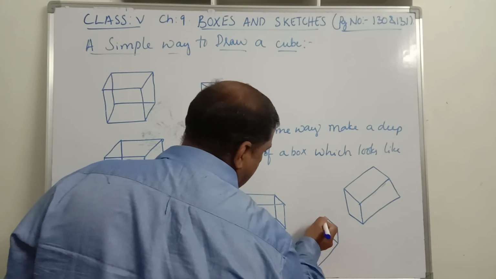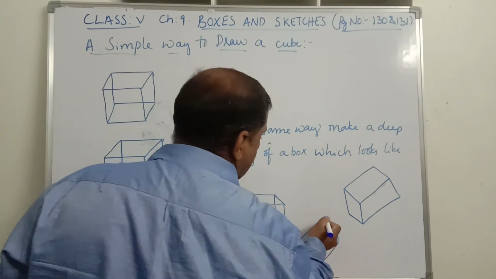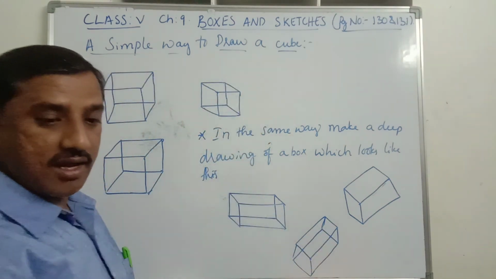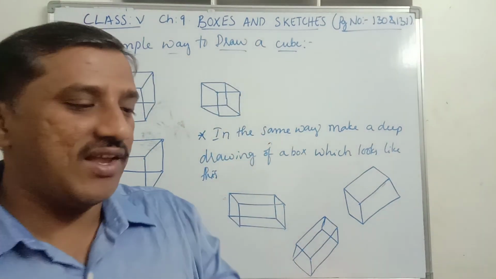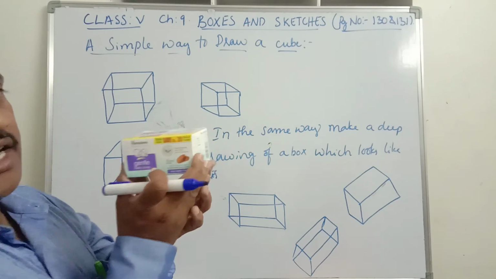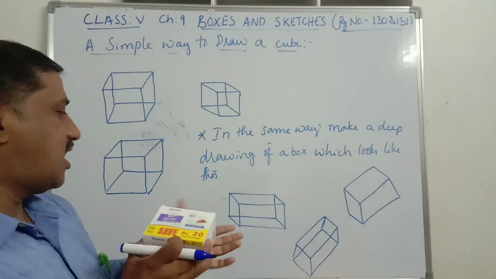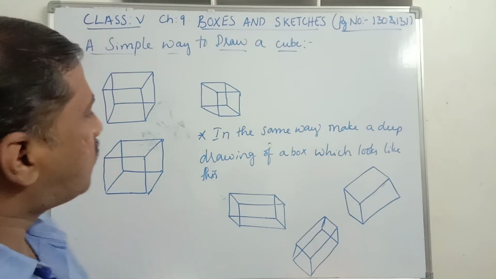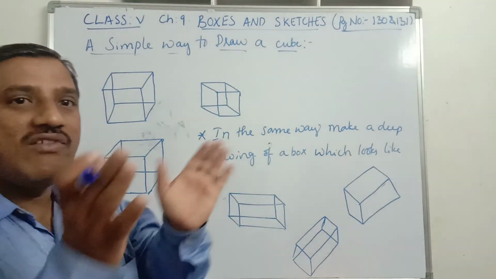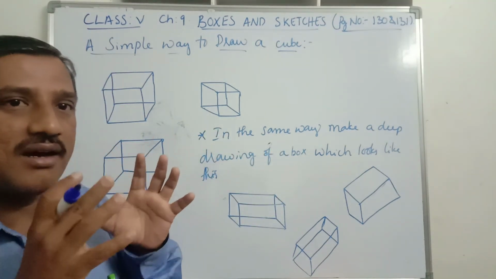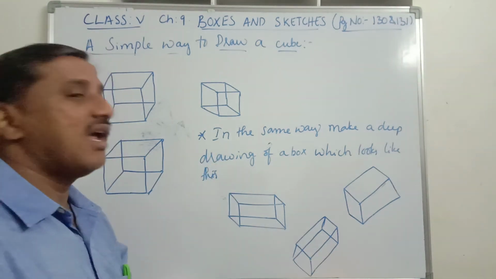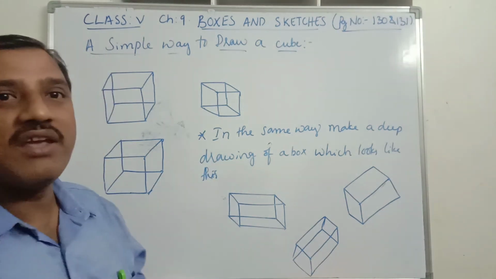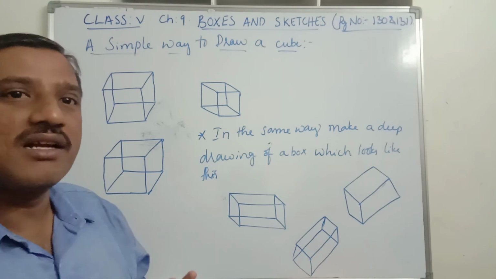A box type, which is a cuboid, as I have shown you in the beginning of the class. With this figure we get a box type figure with the two rectangles. Is it clear, children? So to draw this kind of box, we take two rectangles and then we join the corners. I hope you understand today's concept.